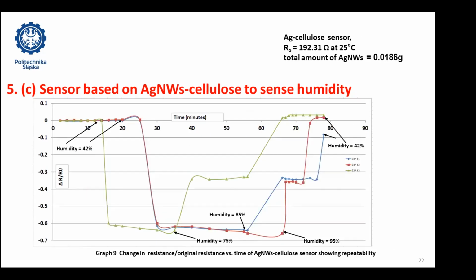And now coming towards the third part, we did 3 different experiments with the humidity level. You can see 75%, 85%, and 95%. And in all of them, one thing is common: the maximum change is almost the same, which is almost 65%.